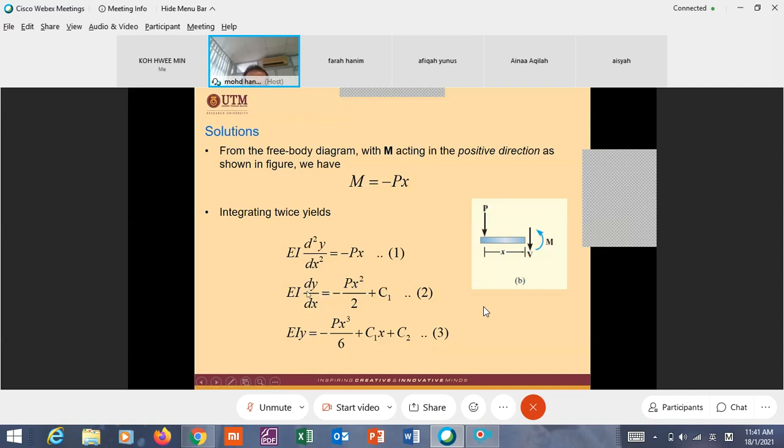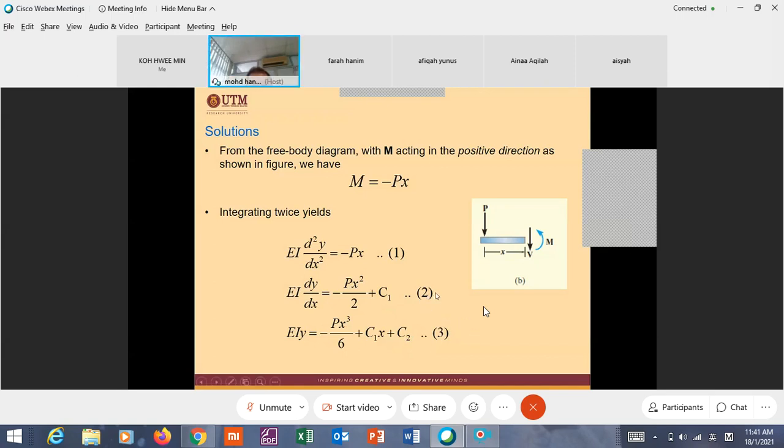The first integration gives the slope, and the second integration gives the vertical deflection in the y direction. So we have two equations with two unknowns, C1 and C2. Now, our next job is to solve for C1 and C2.